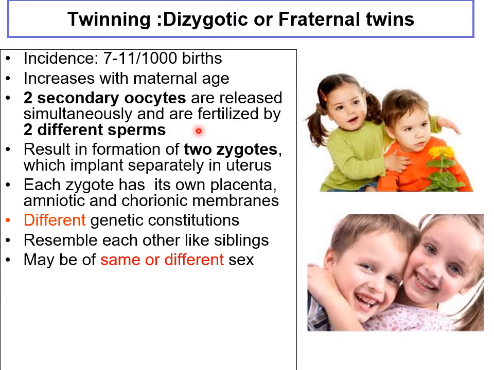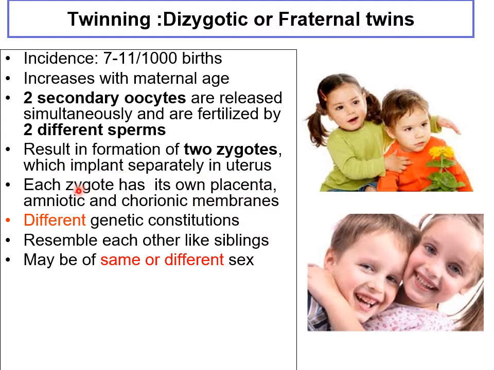So here two secondary oocytes are fertilized by two different sperms at the same time. This will result naturally in the formation of two independent zygotes, which will be in the uterine tubes, and then they will enter the uterus, the same cleavage, etc., happens, and then they implant separately in the uterus.